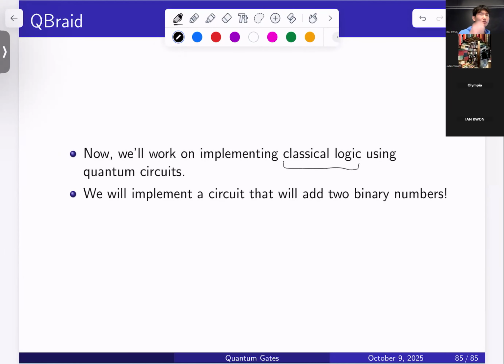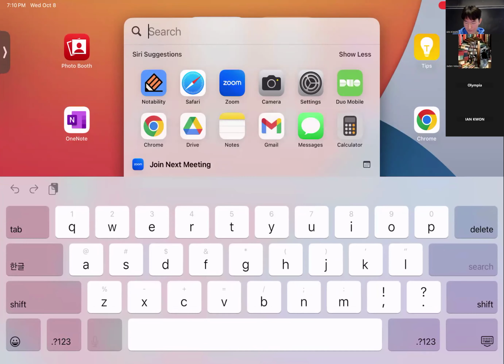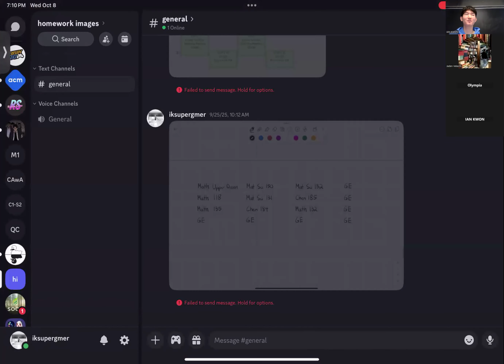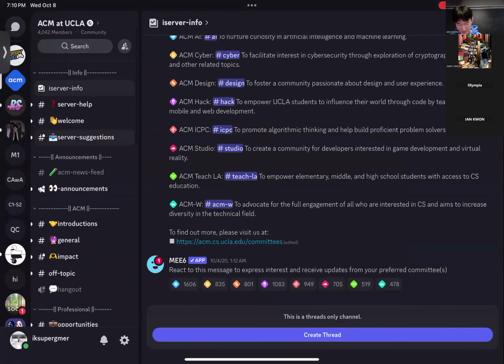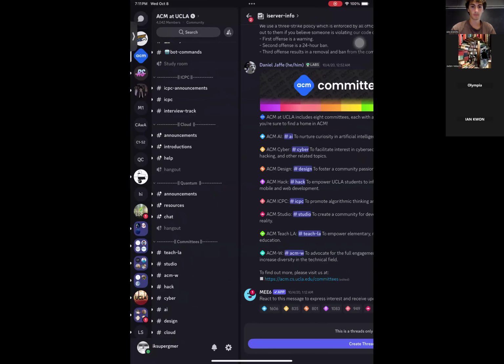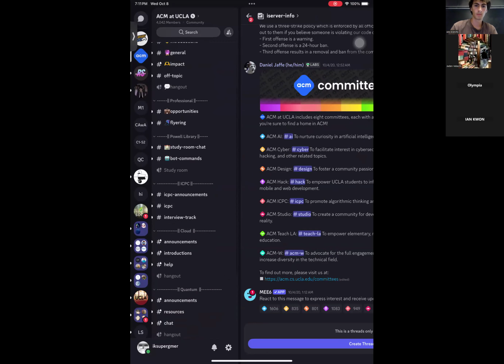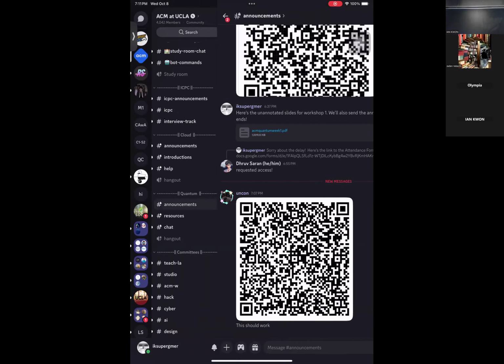Could you guys just type it into the Discord chat? Okay, that'd be easier. Can you show me where the Discord is? In the ACM Discord, you verify, and if you scroll down, there's a quantum channel, and the chat should be there.